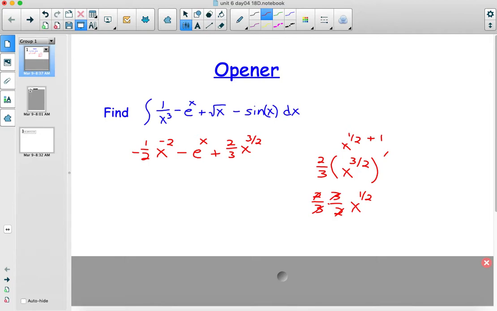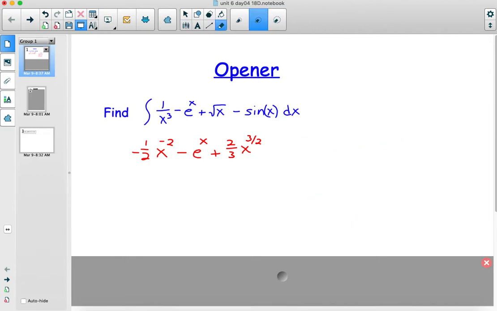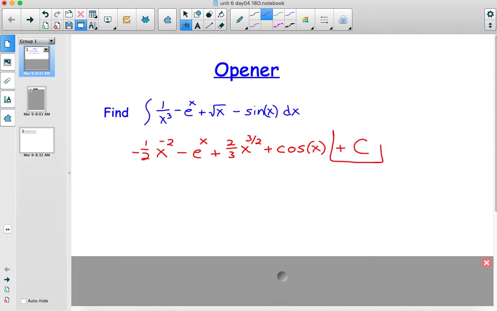And once again, take the derivative of that just to check. Alright, and finally, what function has a derivative equal to negative sine x? Oh, that's just the cosine of x. Remember, derivative of cosine is negative sine x. Now we could also have any constant added on to all of these, because the derivative of a constant is 0.